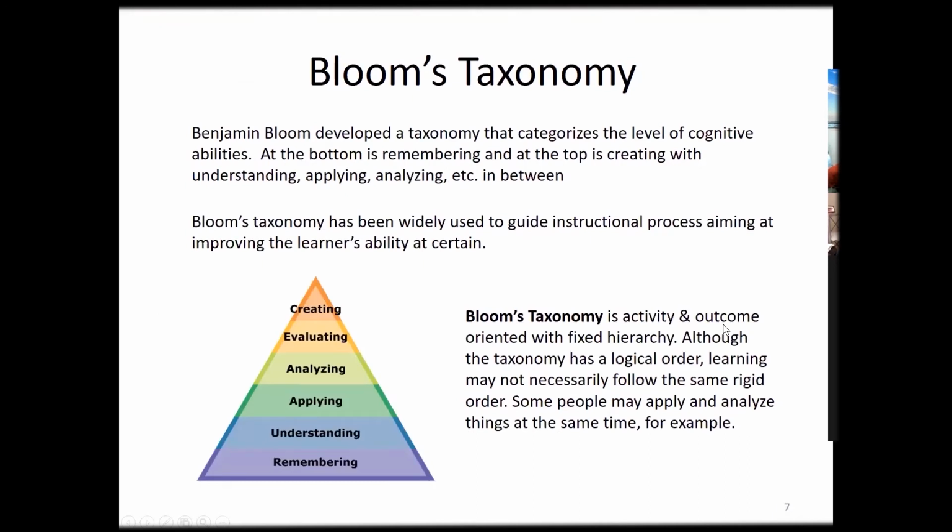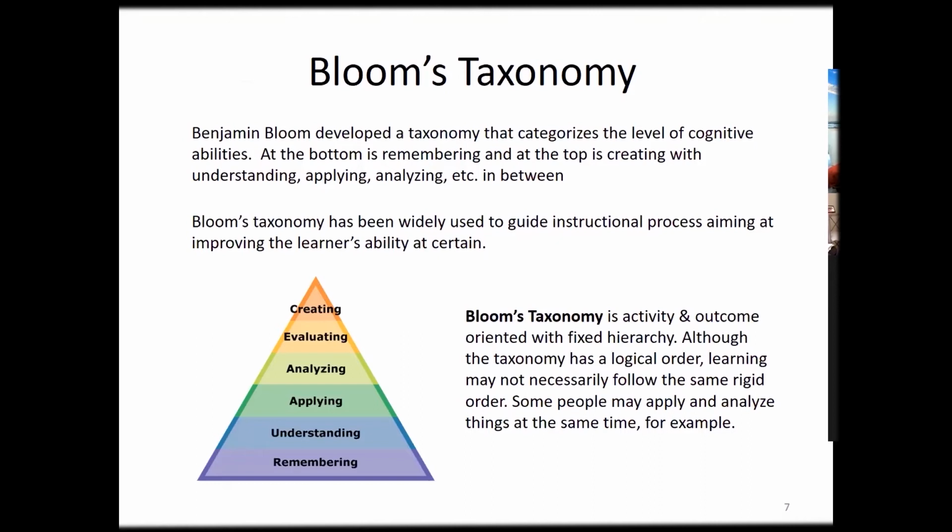Here is Bloom's taxonomy, which is widely used in education to describe different levels of learning activities or cognitive processes. We start at the very bottom of this triangle. Basically people start with trying to remember things, right?